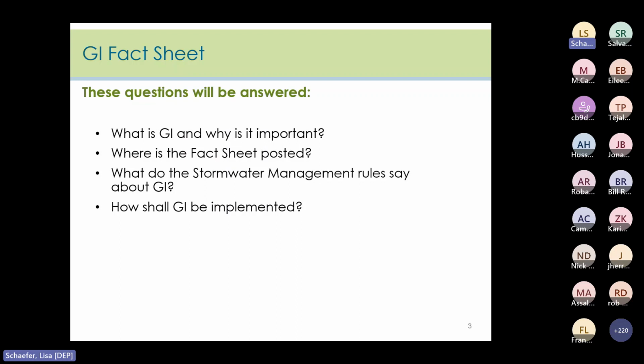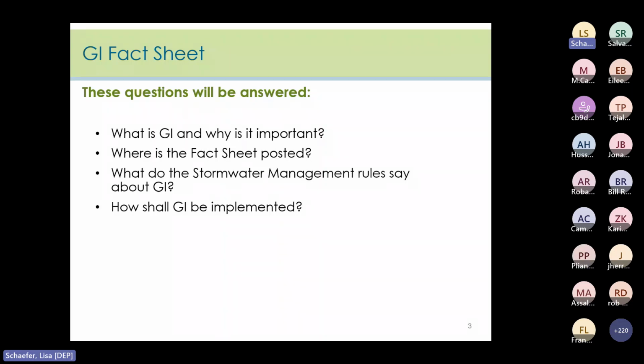So to reiterate, a GI BMP is a stormwater management measure that manages stormwater close to its source by 1, treating stormwater runoff through infiltration into the subsoil, 2, treating stormwater runoff through filtration by vegetation or soil, or 3, storing stormwater runoff for reuse.